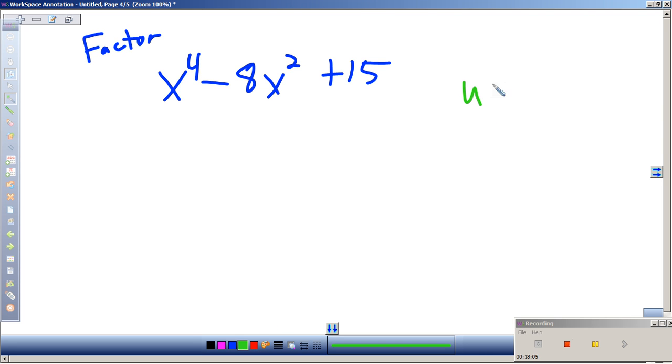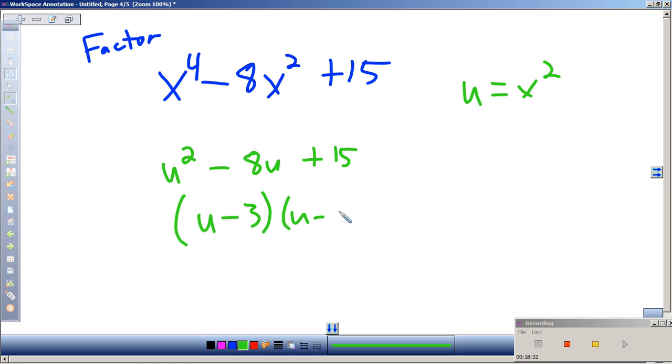I'm going to say u equals x squared. What does this become then? Now, can you factor that? What multiplies to 15 and adds to the 8, or negative 8, I should say? So u minus 3, u minus 5.